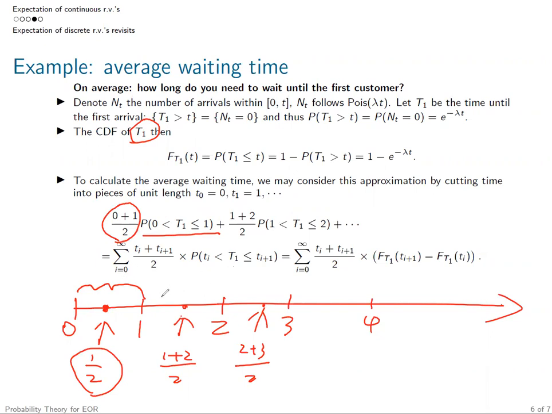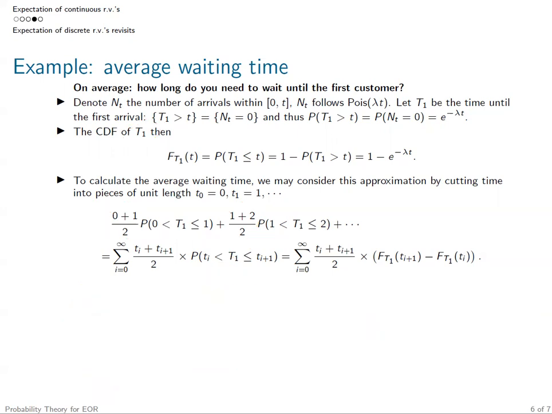It could also be possible in the second interval. It will be 3/2 times the probability that the waiting time lies in the second time interval of unit length, and we keep going. We can use this as an approximation for the average waiting time.